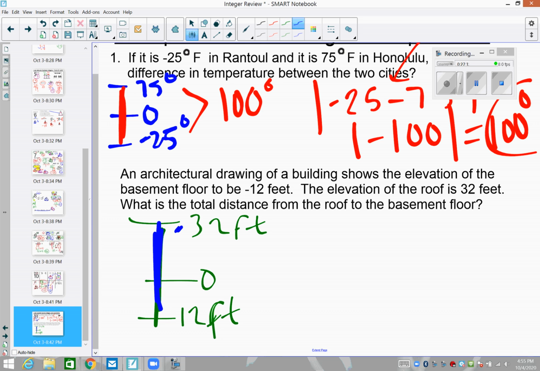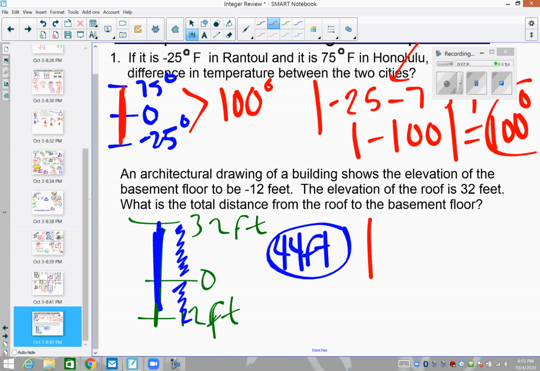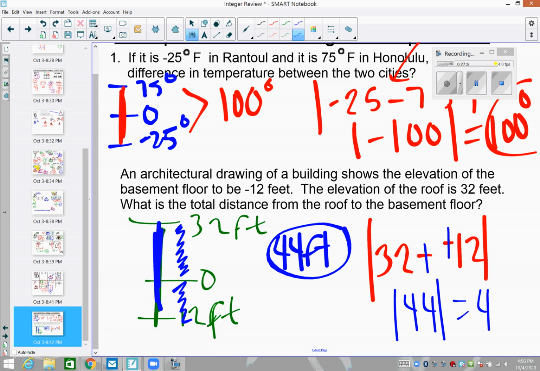So your answer should be a distance of 44 feet. Another way to think of it is 32 minus negative 12 feet, which if we chop that, we still get the absolute value of 44 feet. Either way, you can see it in a picture that it's a distance of 44 feet, but this is the math that's involved of the why.